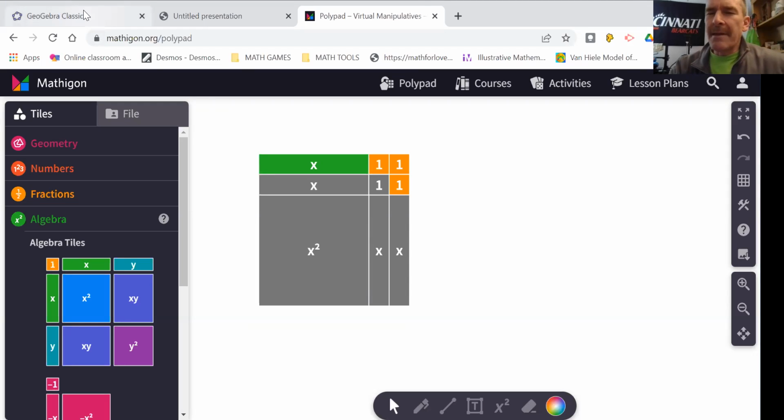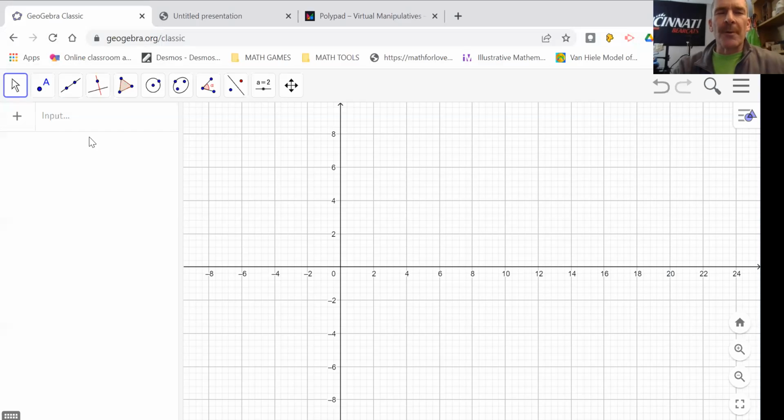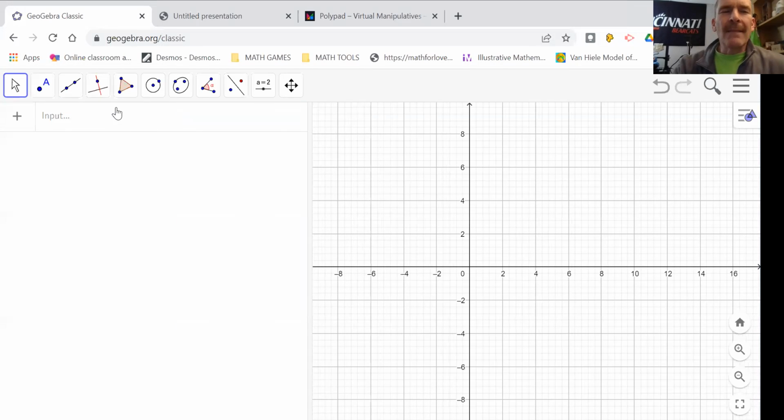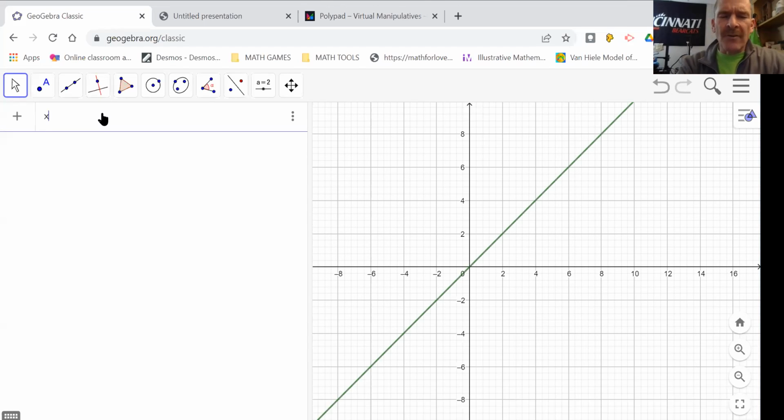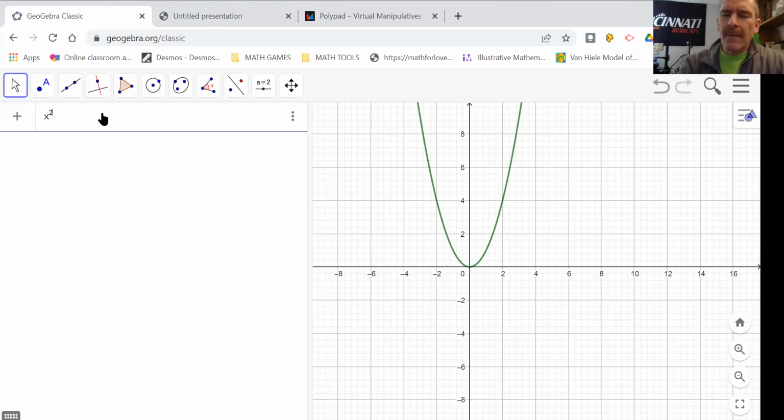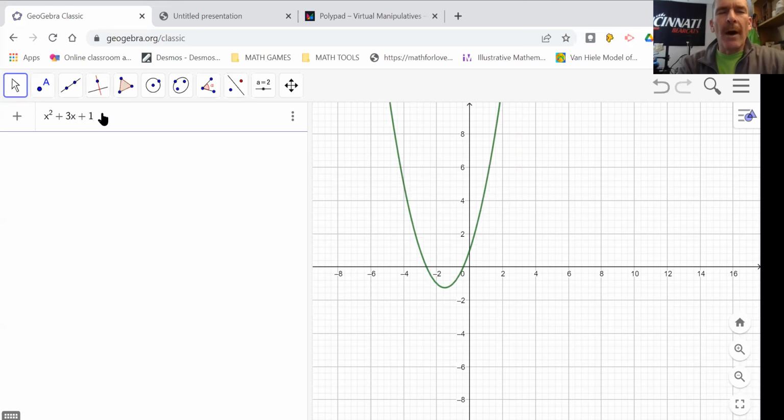So let me go over to GeoGebra now, and I'm just going to graph that original function. That original function was x squared plus 3x plus 1. And I have the sneaky suspicion that I'm going to need a slider here in just a little bit.